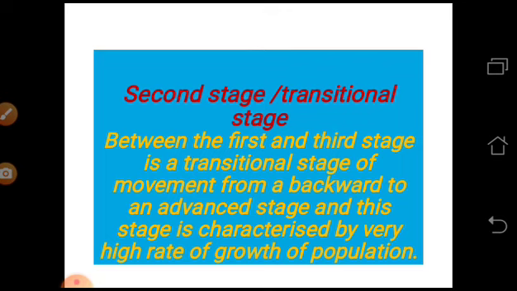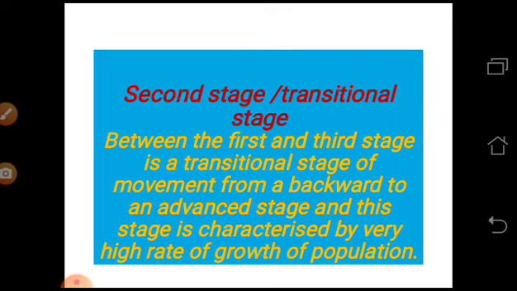Between the first and the third stage is a transitional stage of movement from backward to advanced. The first stage was technologically backward, and we are moving to the advanced stage, the third stage where society is already developed.